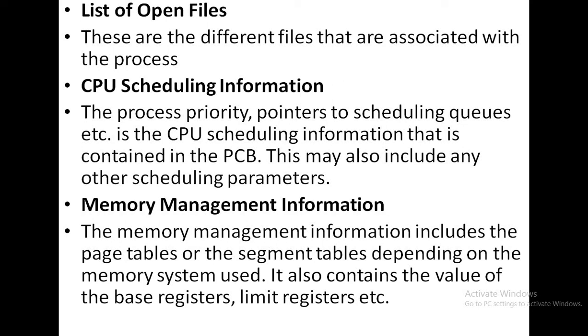So before going to execution, the operating system maintains a schedule, and following that schedule, it gives processes one by one for execution to the processor. So this is called the CPU scheduling information, which is also kept by the process control block.